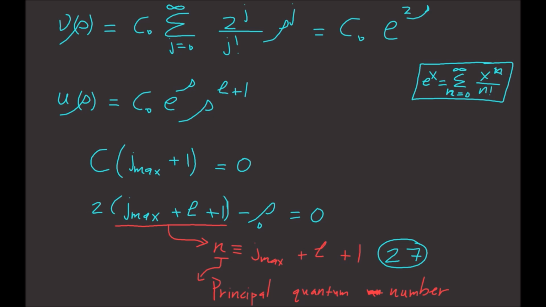And let's do some algebra. 2n minus rho naught equals 0, which follows that rho naught equals 2n. Let's call this equation number 28. And if you recall from earlier, we called rho naught something in terms of k, and we called k something in terms of e.